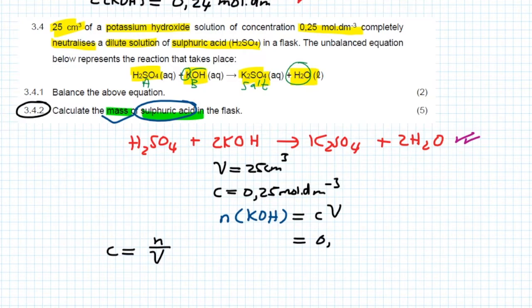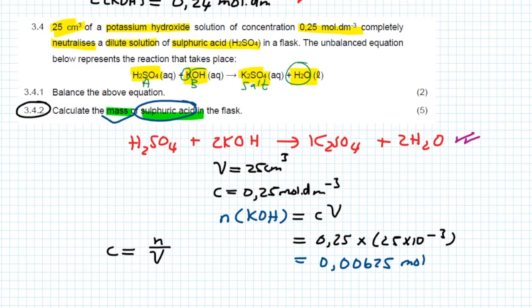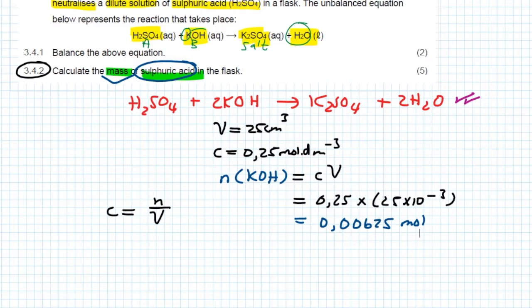So we have 0.25 multiplied by 25 times 10 to the negative 3, or you may divide by 1000. In the end, we find out that the number of moles of potassium hydroxide is given as 0.00625 mole. We don't round off to 2 decimal places. We keep a few more decimal places because we are not yet at the end of the question.